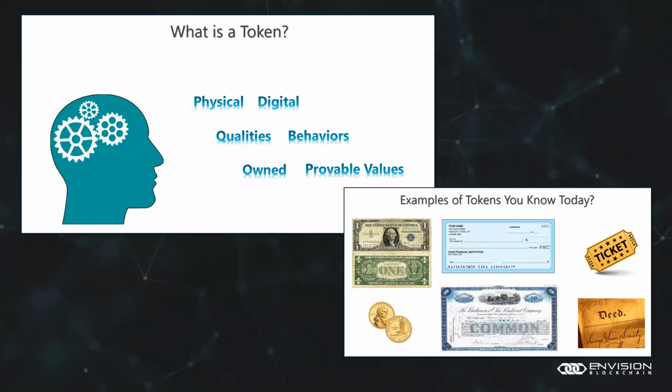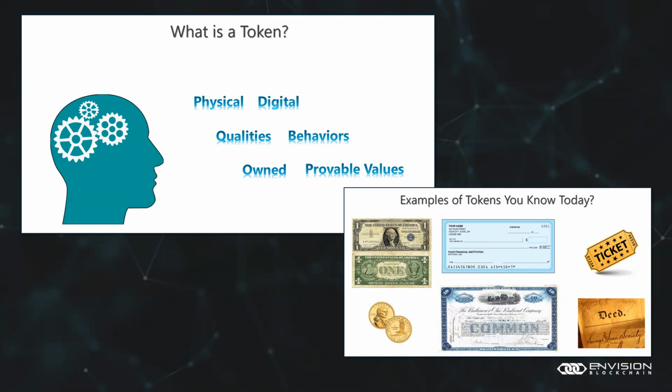It can be a representation of a check, a ticket, a land deed, any sort of coin, and so forth. But it has specific qualities, behaviors, and provable value, right? It can be either physical or digital. For example, physical versus digital, we'll say an actual document versus a PDF.